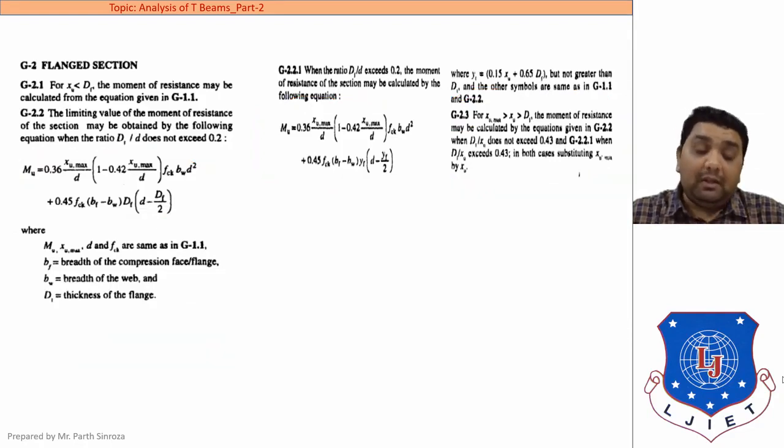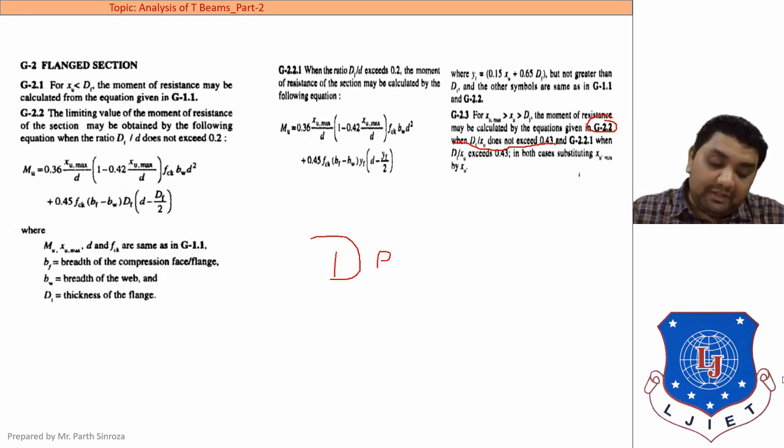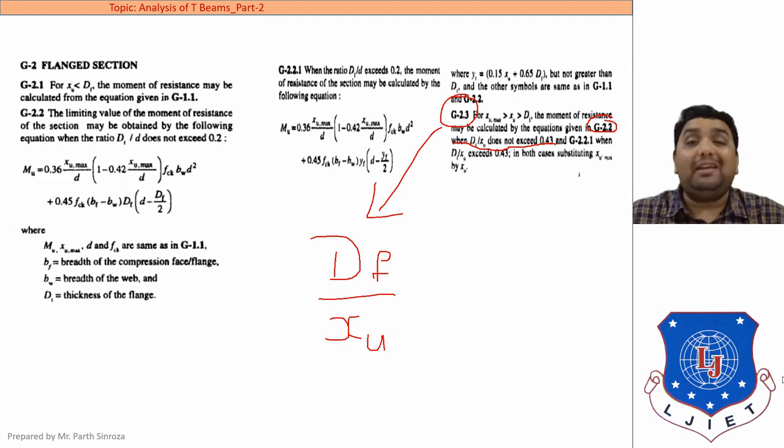For this we need to refer to the clause further on. We need to use G 2.2 when DF by XU does not exceed 0.43. So a new ratio is to be obtained, and this new ratio is DF by XU. So for G 2.3 we will be calculating the ratio DF by XU. DF, that is our depth of flange, and XU is the depth of neutral axis.